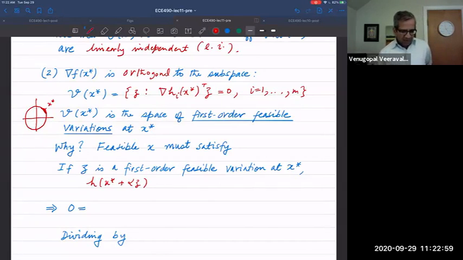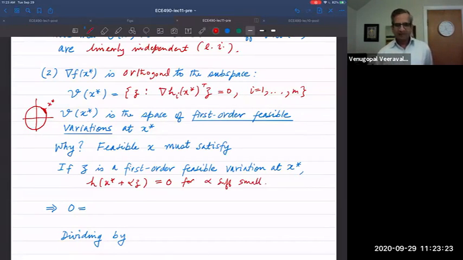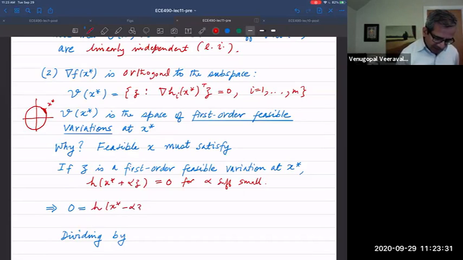If I'm still going to be feasible after perturbation by z, then I must have for that z that h of x star plus alpha z equals 0 for alpha sufficiently small. Otherwise, it's not a feasible first order variation. So I still remain in the constraint set after I perturb by alpha times z, but my original value of h at x star is also 0.